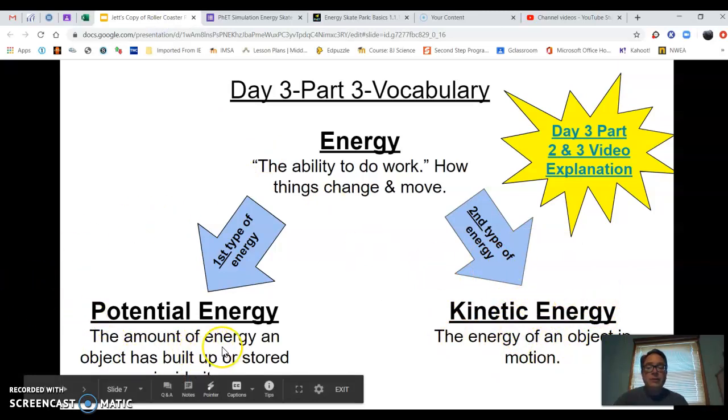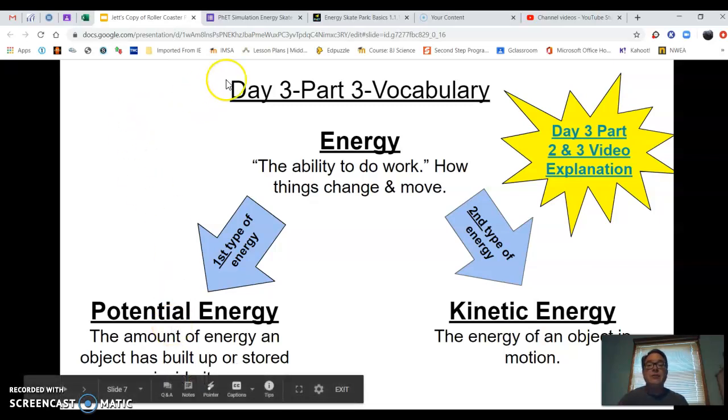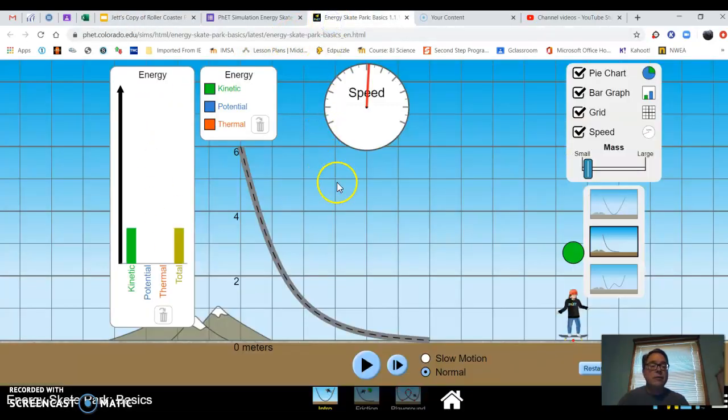Potential energy is the amount of energy an object has based on how much it's stored or based on its position. This is usually talking about different types of fields, like electrical fields, magnetic fields, and in the most common case, a gravitational field. So as we go up and up and up, notice how in the bar graph over here her potential energy is increasing.